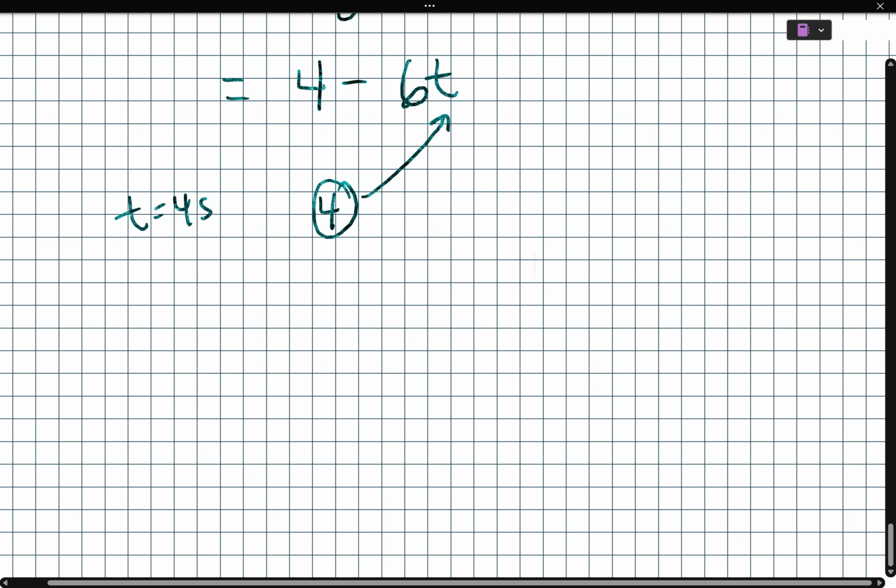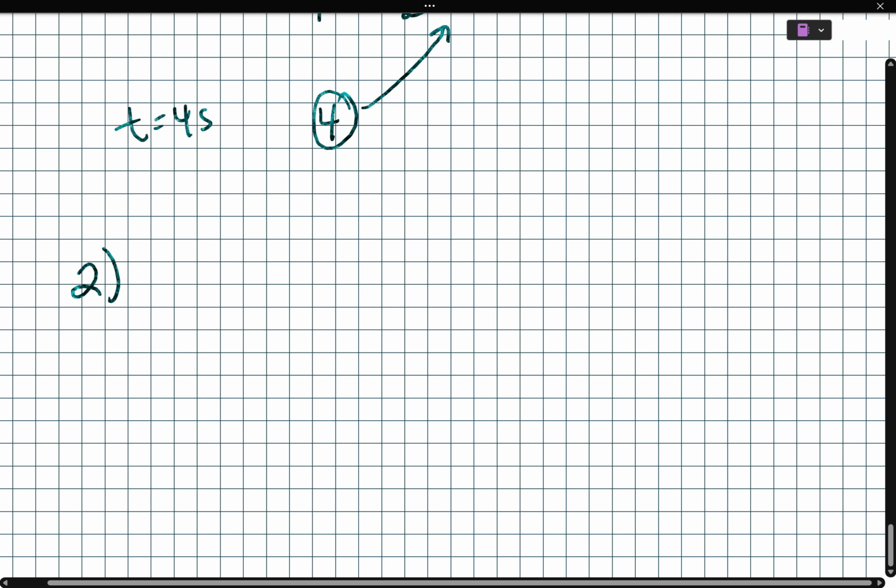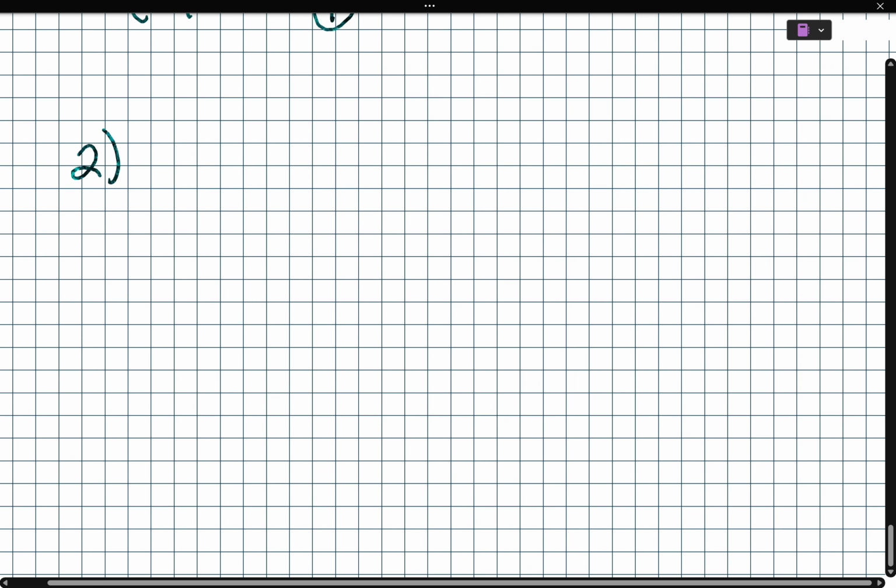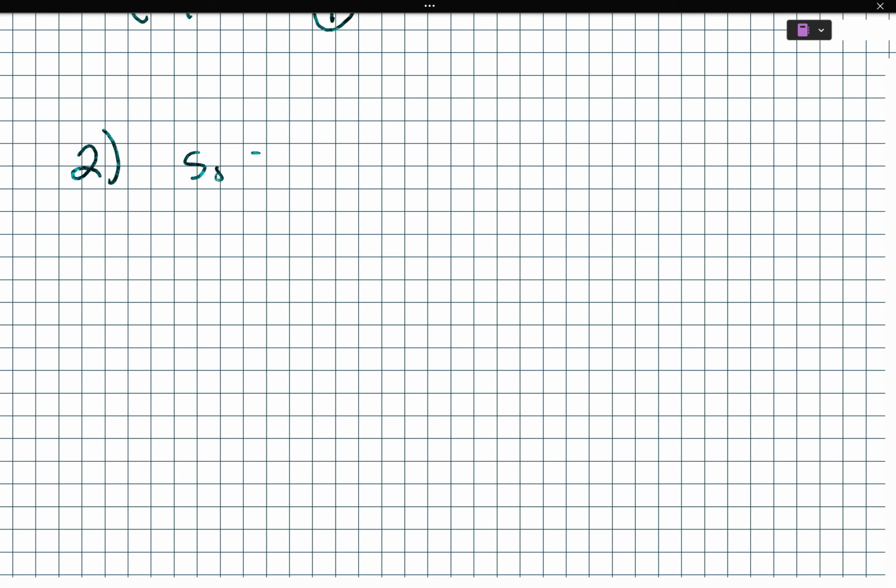Now our next part is to calculate the distance traveled in 4 seconds. We can do this by integrating the velocity, using s0 equals 0, where t is equal to 4 seconds.